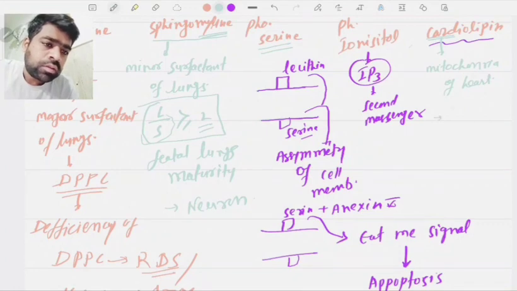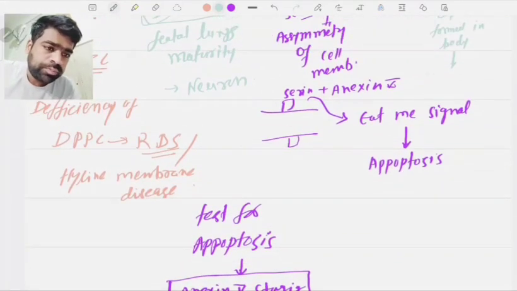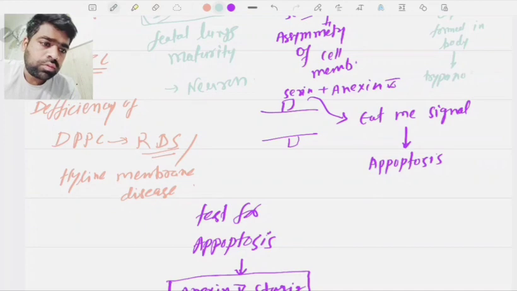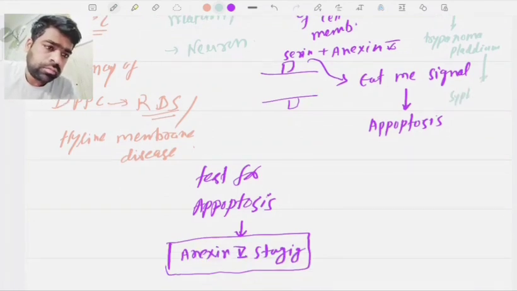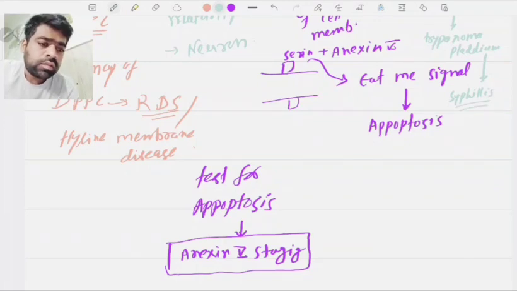If anticardiolipin antibody is formed in the body, it leads to Treponema pallidum infection, which causes syphilis. The test for syphilis is the VDRL test.